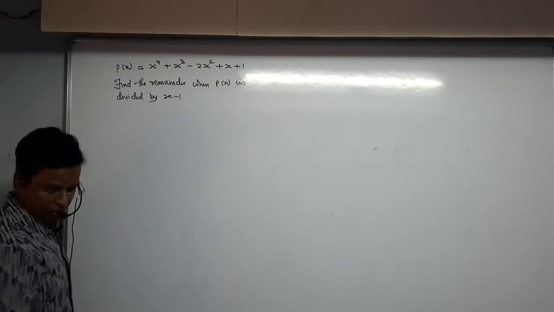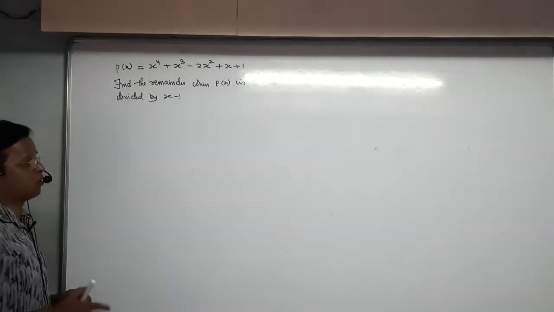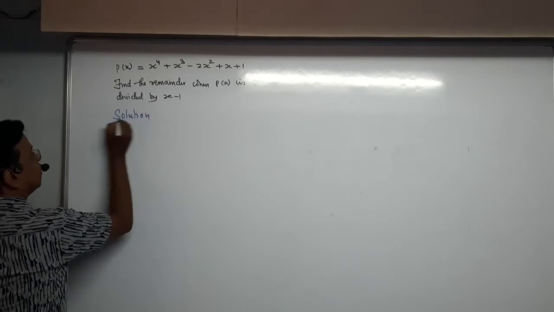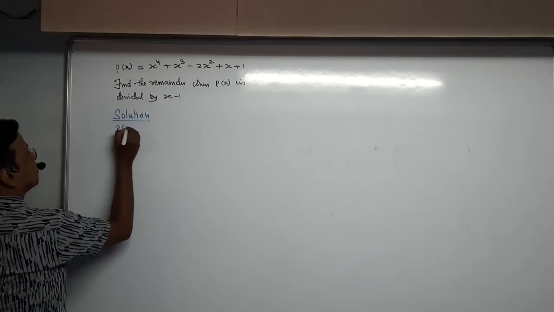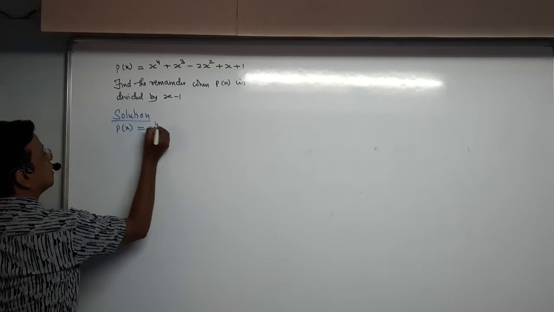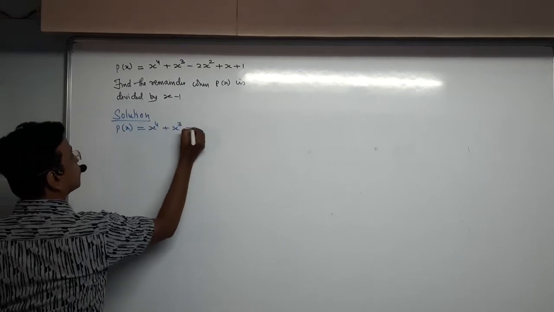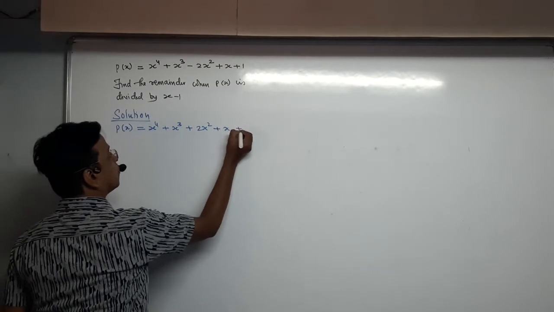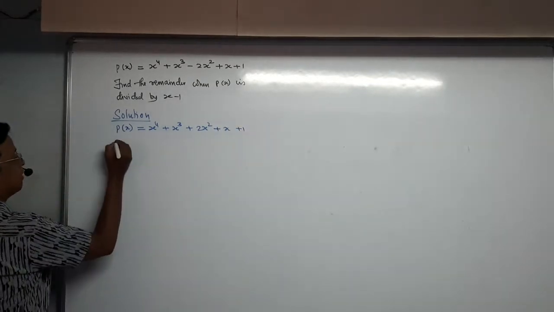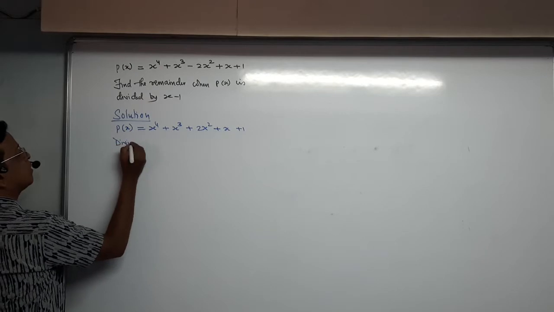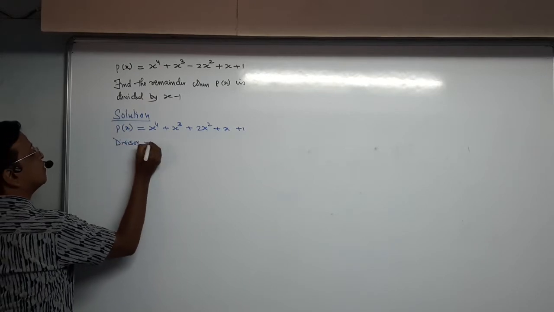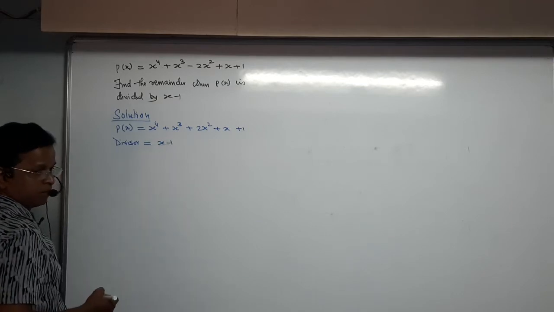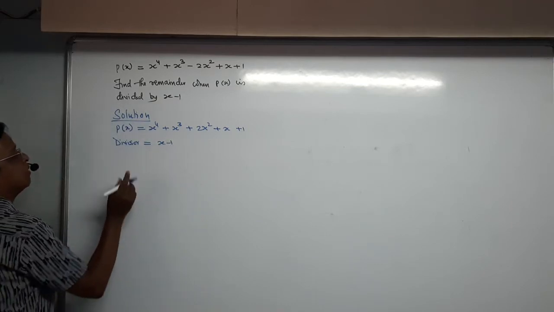Now see, when it comes to the solution, what will you write first? This is P of x, x raised to the power of 4 plus x cube plus 2x square plus x plus 1. This is divided by, this is the divisor. Divisor is equal to x minus 1. Are you getting? Now see what will happen.